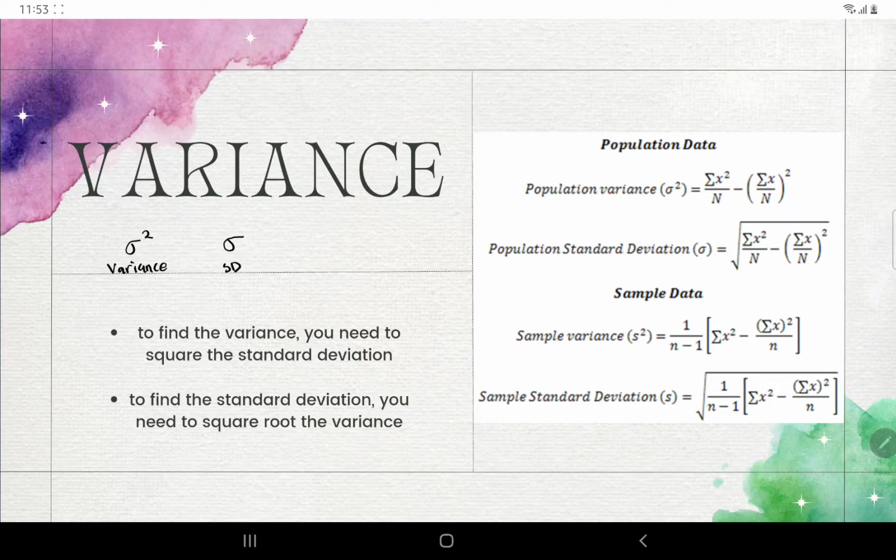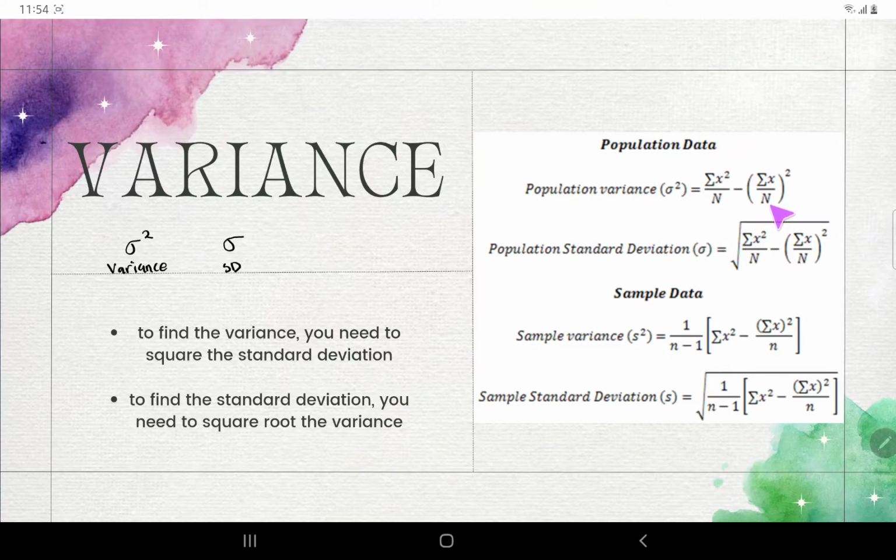The formula for variance and standard deviation is actually similar, because the difference is only in having the square root or not. This is the formula for population variance and population standard deviation. In the standard deviation formula we have the square root, while in the variance formula we don't, but the terms are the same.